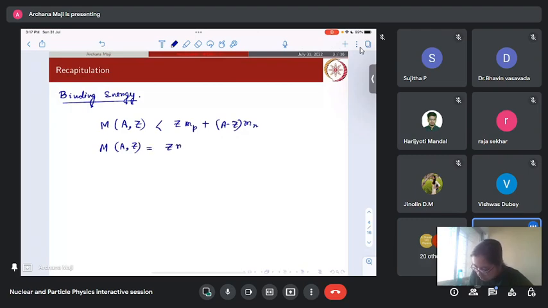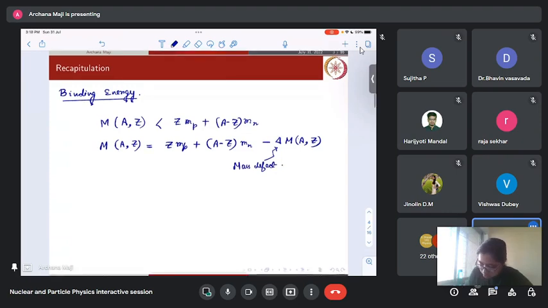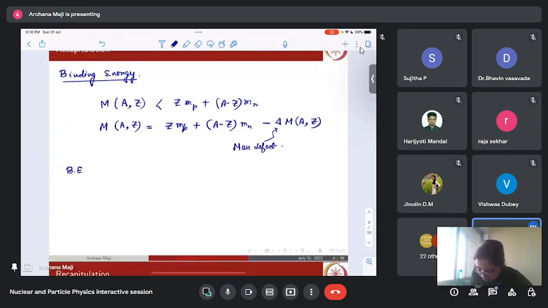It is less by an amount that we call delta M of A comma Z, and this quantity is known as the mass defect. So the binding energy of any nucleus of nucleon number A and Z is equal to that mass defect times C square, which is Z times M proton plus A minus Z times M neutron minus the mass of that nucleus, times C square.